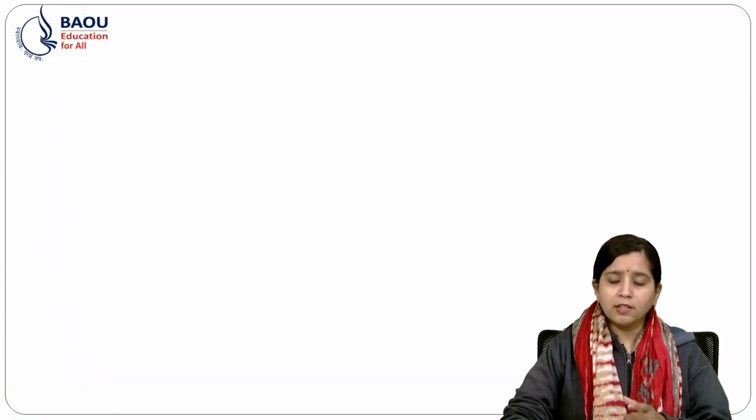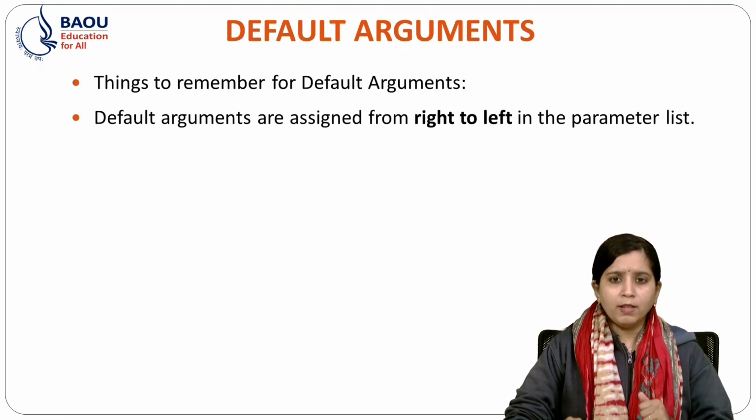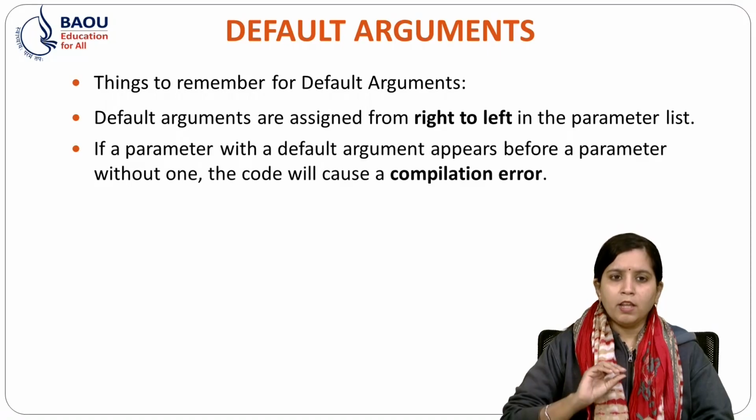So there are some points which have to be remembered while we write default arguments. What are those points? Let's see. Default arguments are assigned from right to left in the parameter list. If a parameter with a default argument appears before a parameter without one, the code will cause a compilation error. What does this mean?